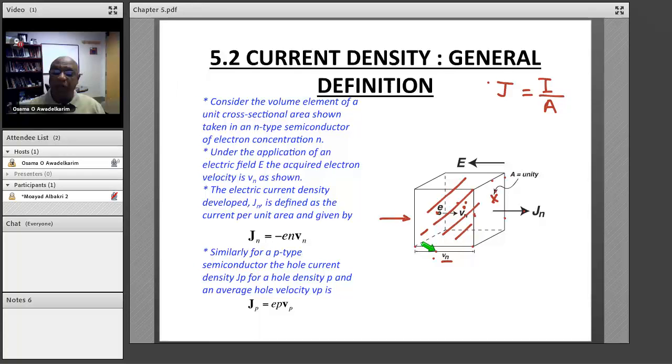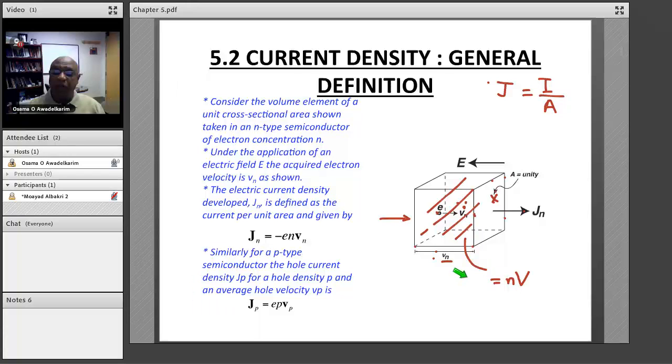So the total number of electrons here will be n, which is the density of electrons per unit volume, times the volume of the box. This is the total number of electrons inside.